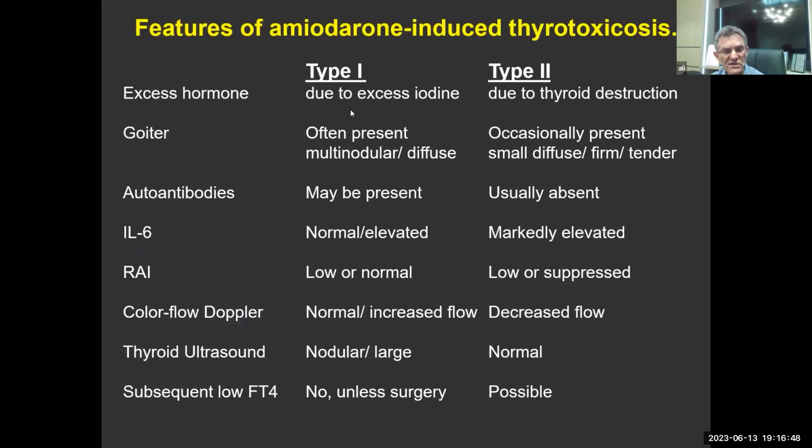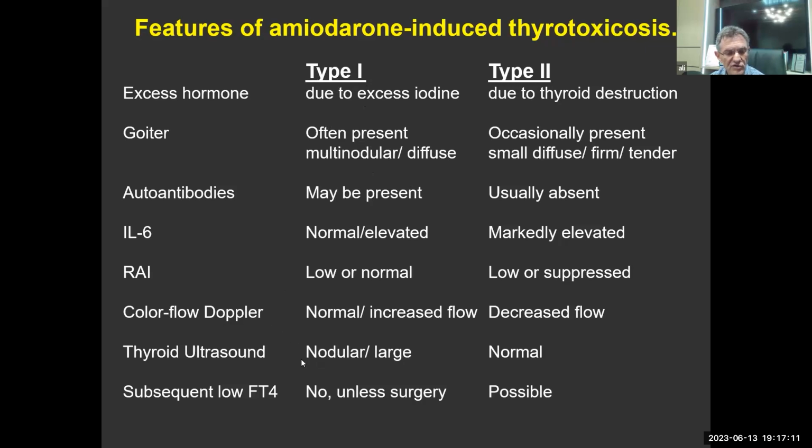Now, the reason that amiodarone causes this condition is that there are two types of pathophysiological changes that occur with amiodarone. You can either have, on the one hand, where the amiodarone is stored in a multinodular goiter, so the goiter acts as a factory, and the storage stays there for ages and just slowly is released.